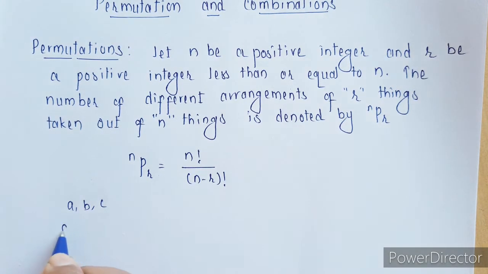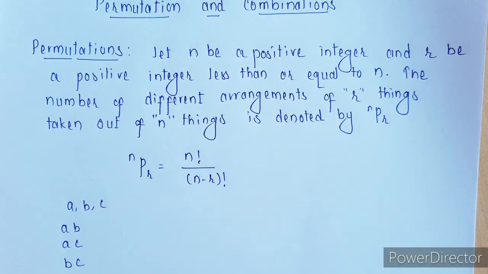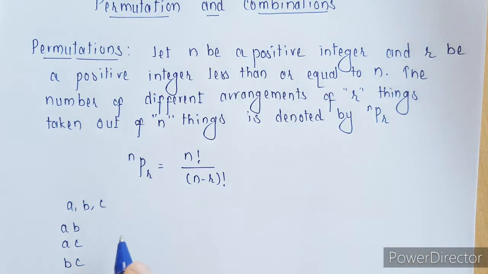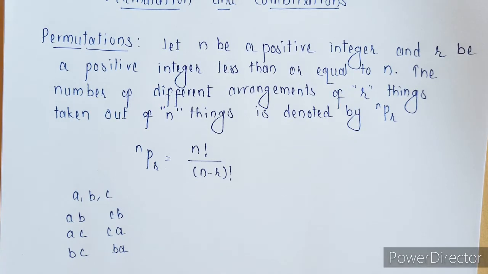So I can write AB, AC, BC, then CB, CA or BA. So these are the 6 different possibilities we can arrange them.